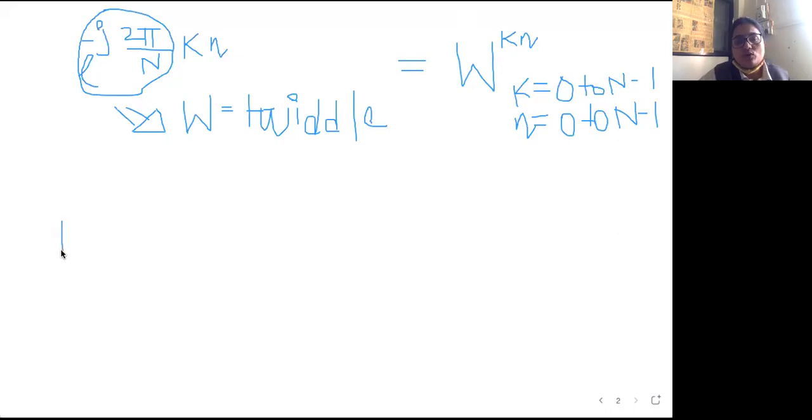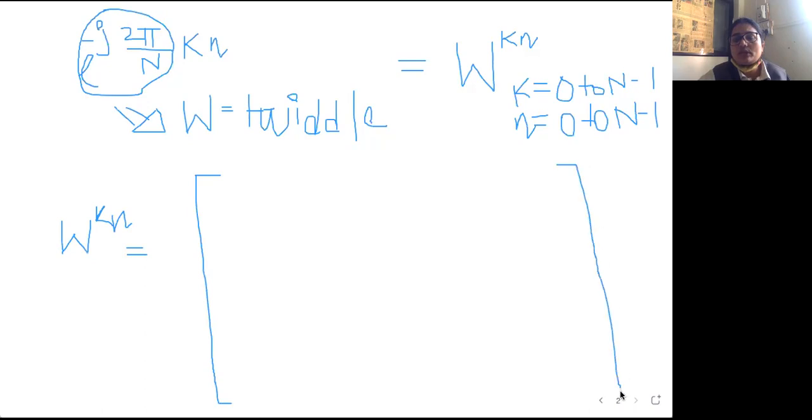So if I want to represent the twiddle factor W raised to Kn using a matrix, I find that there are two variables, n and k. Both are changing from 0 to n minus 1.